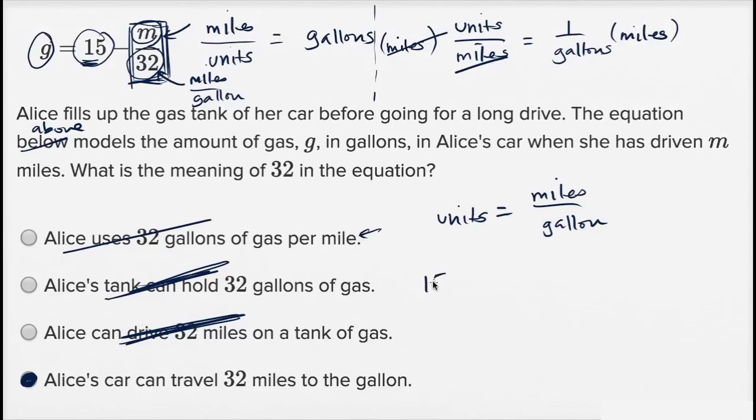If you have 15 gallons minus M miles divided by 32 gallons per mile, what would the units end up being here? You would have miles divided by gallons per mile.